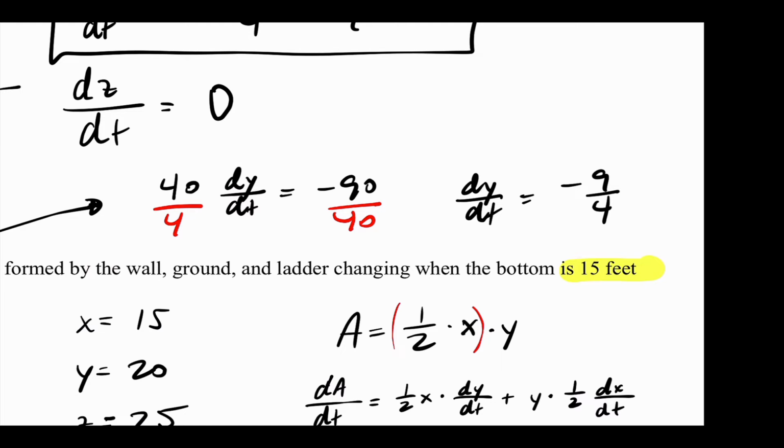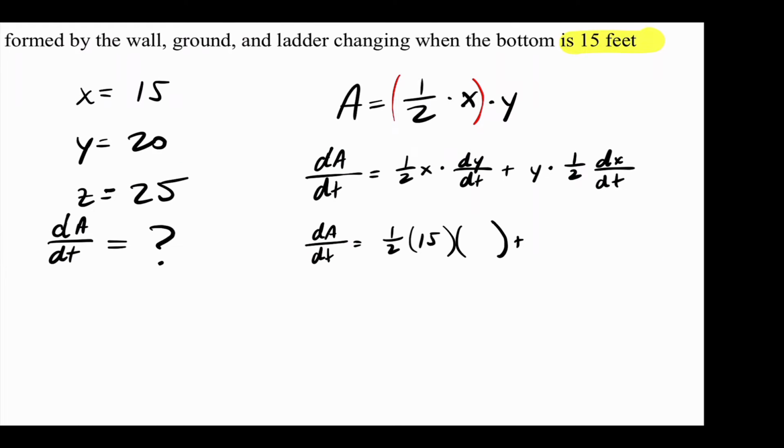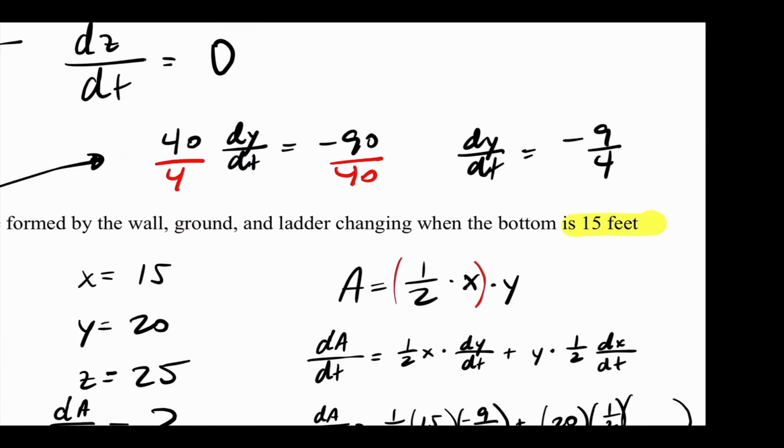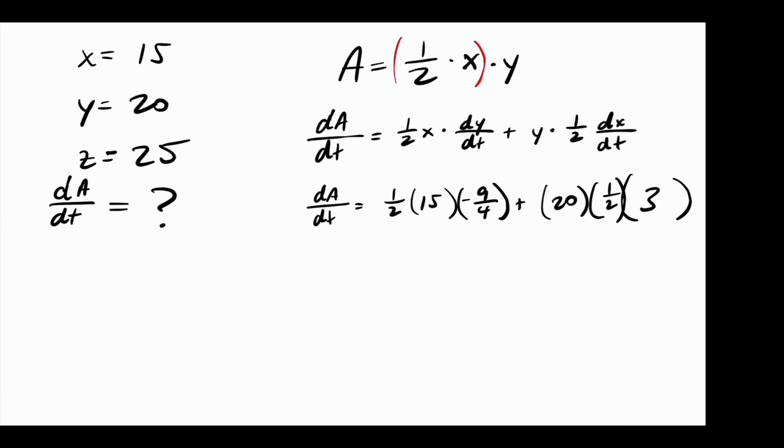Yeah, that's what we did last question, right? -9/4. We didn't list that for this one because it was already listed for the last one. y is 20. 1/2 dx/dt. What is dx/dt for this guy? 3, yeah. We said 3 last time, right?